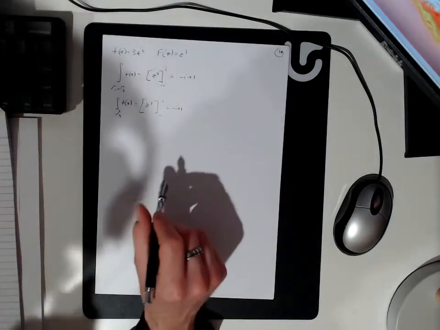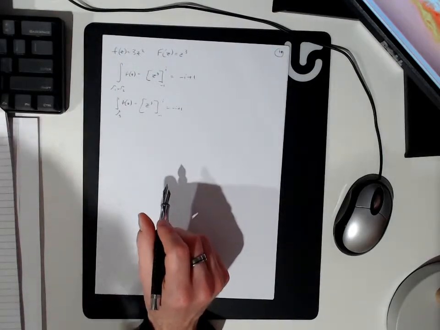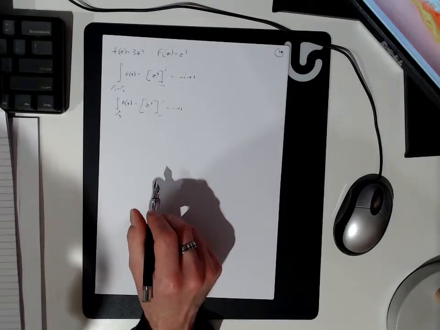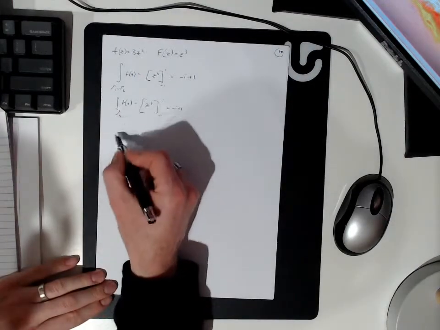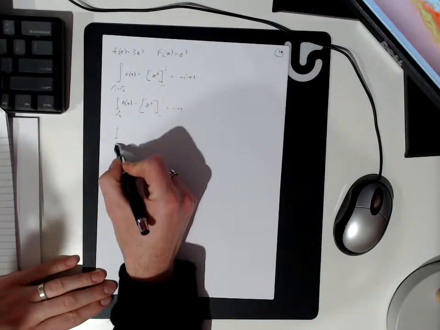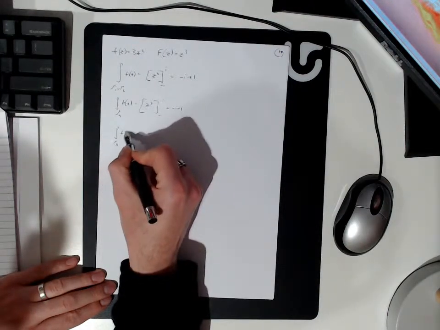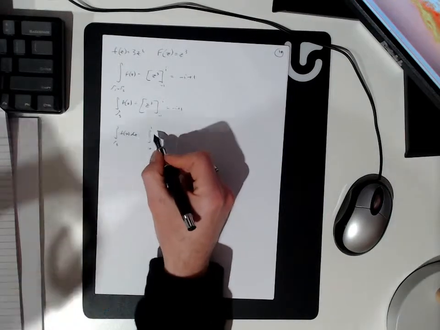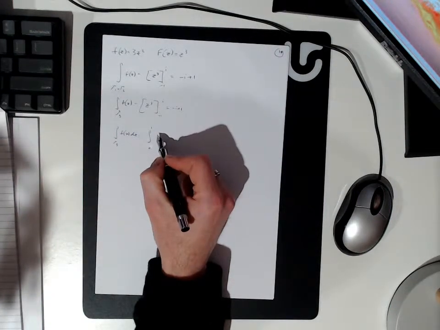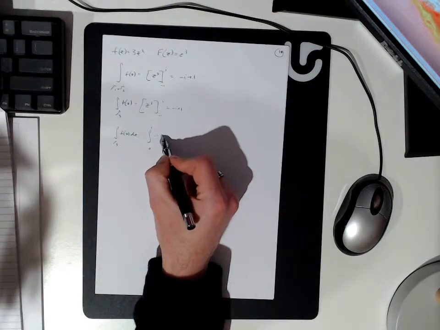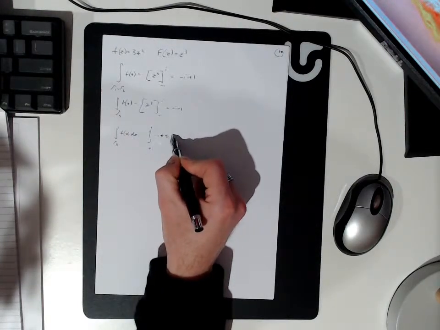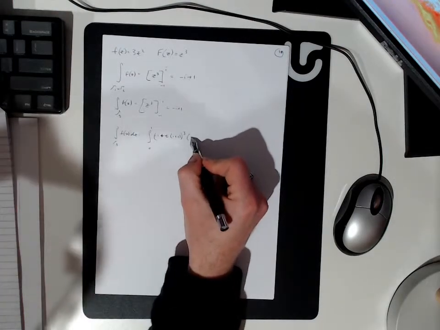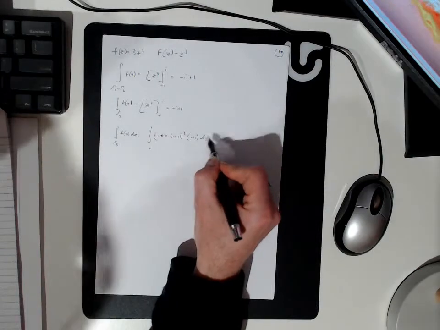And you can check this by direct computation, and you should give it a go. Write down what the formulas are and work it out. So for this particular example, the integral over gamma 3 of f(z) dz is the integral from 0 to 1 of 3 times (minus 1 plus t(i plus 1)) squared times (i plus 1) dt.